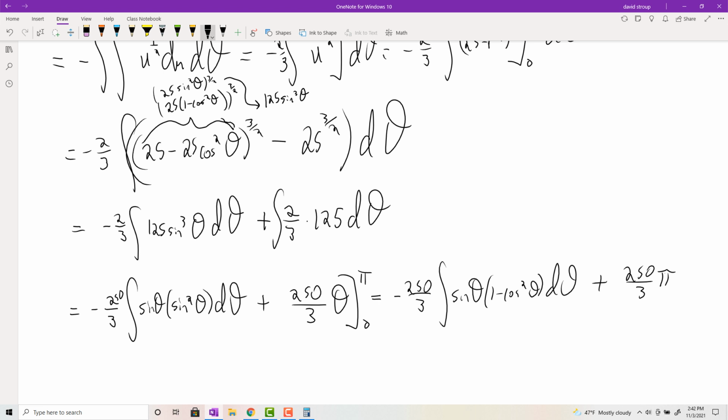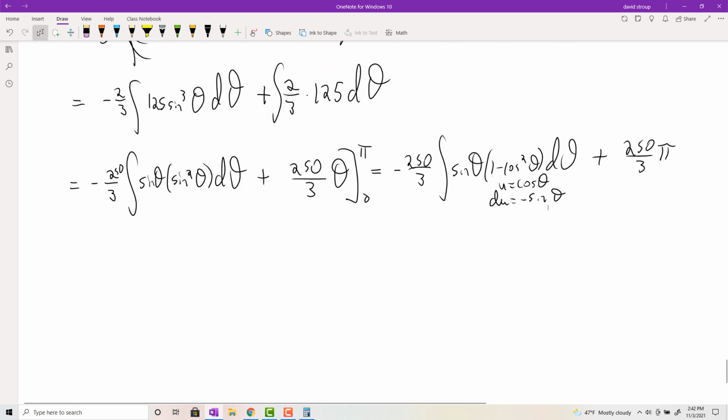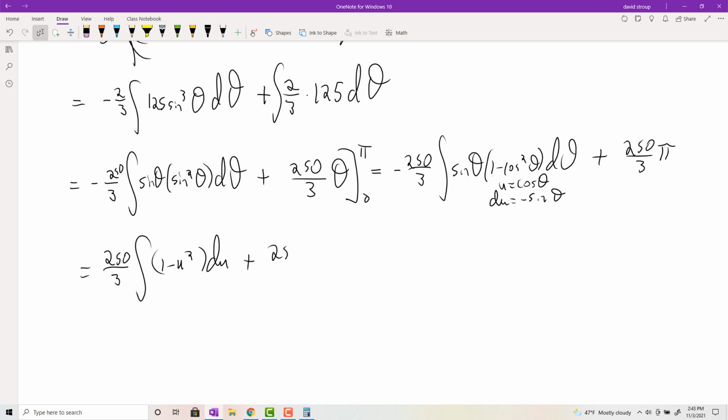So that part's done. Here I'm doing a u sub on that first integral for cosine theta. So du will be negative sine theta. I can factor out a negative and I get 250 thirds integral 1 minus u squared du plus 250 over 3 pi.